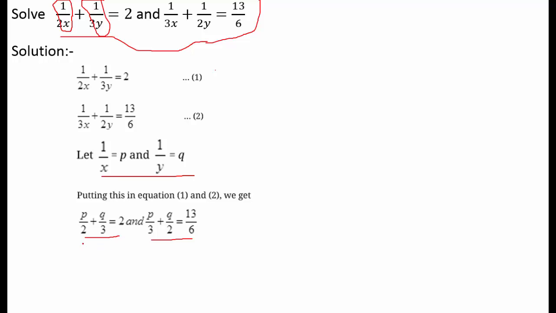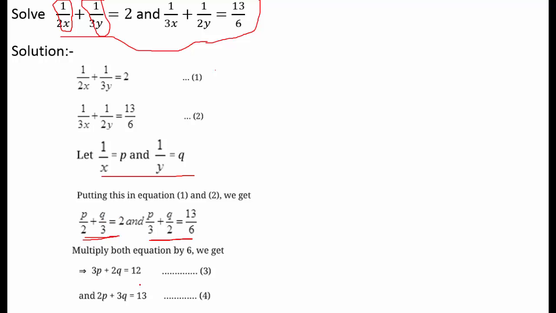Now to eliminate the denominator, I will multiply both equations by 6. We will get 3p plus 2q equals 12. This is my equation number 3, and this becomes 2p plus 3q equals 13. This is equation number 4.